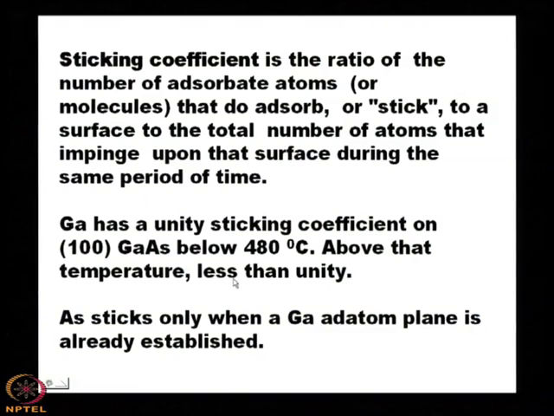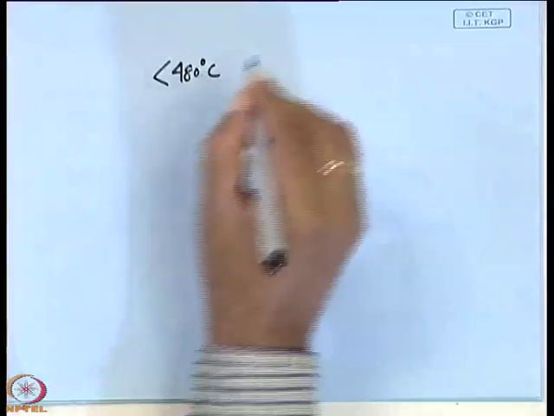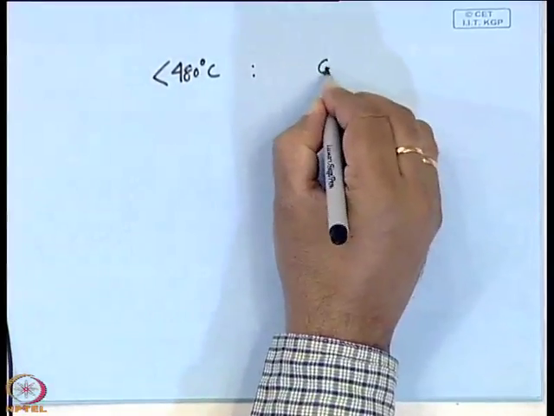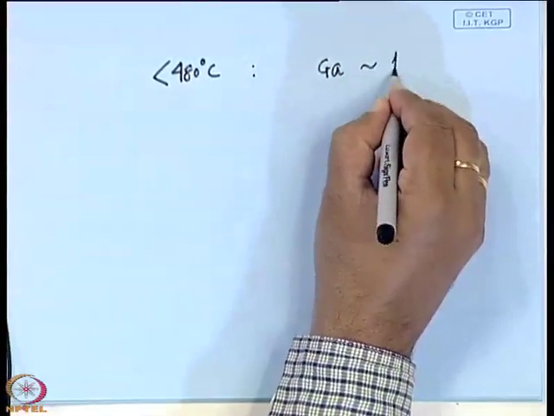Okay, we are talking about the sticking coefficient, and we find that for gallium arsenide growth, the sticking coefficient of gallium is unity below 480. That means, if you grow at 480 degrees centigrade or less, the sticking coefficient is 1.